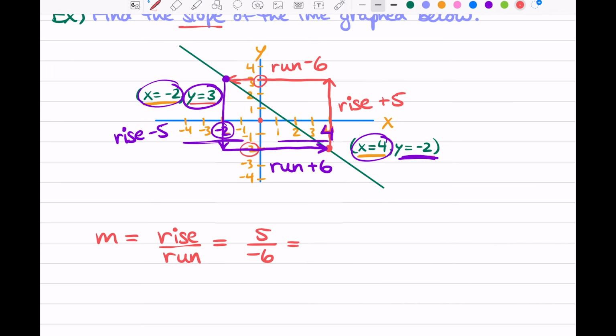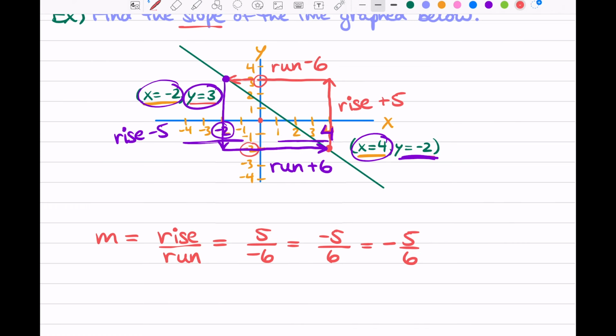That means putting into our formula, we rise -5 and we run 6. However, these are still the same thing, right? 5 divided by -6 is the same as -5 divided by 6. It's just 5 divided by 6 with the negative sign in there. So usually we just write it as this with the negative sign up front.